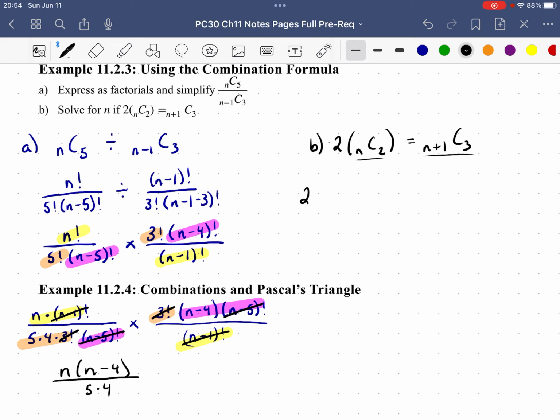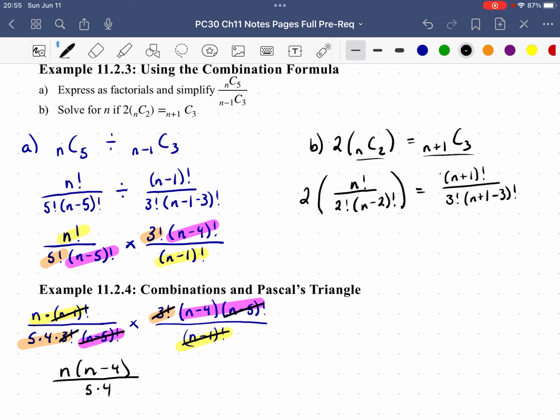So we've got 2 times n factorial over 2 factorial times (n minus 2) factorial, brackets, is equal to, now it's got an n plus 1 on this side, so it's (n plus 1) factorial all over 3 factorial times (n plus 1 minus 3) factorial.